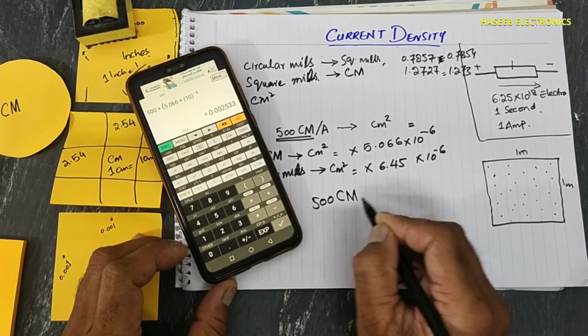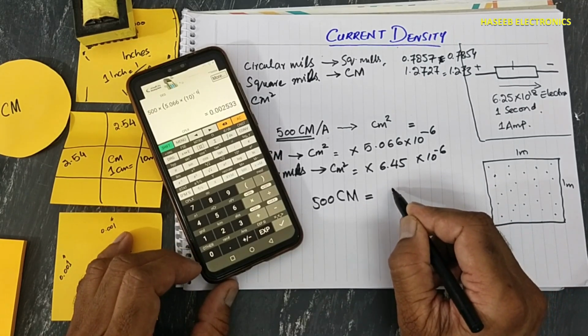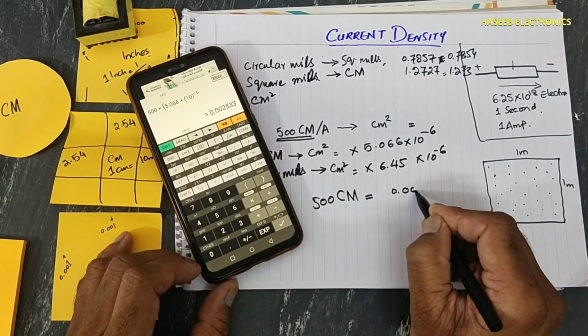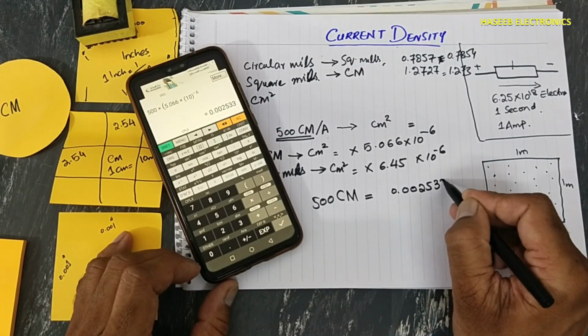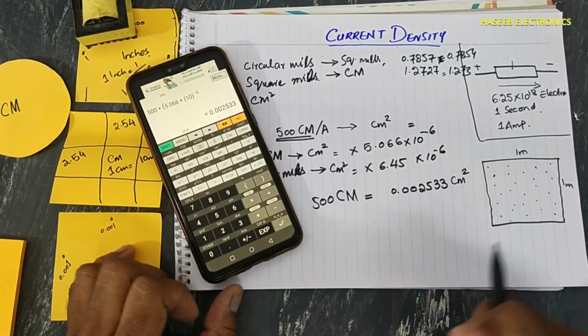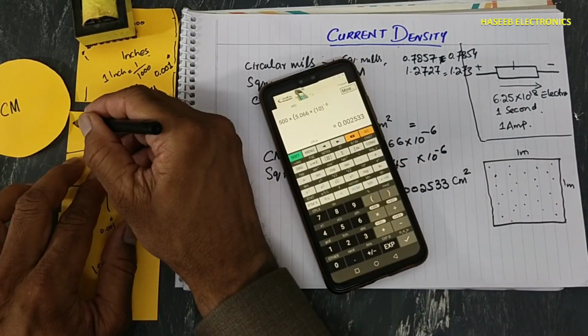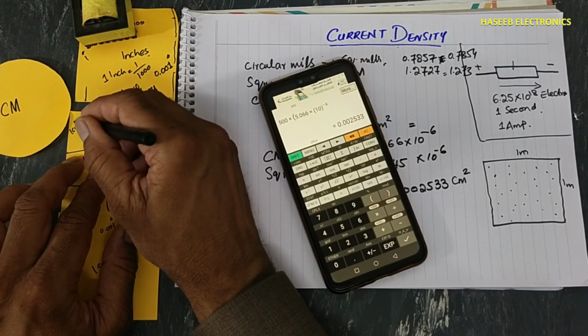So 500 circular mils equal 0.002533 centimeter square.